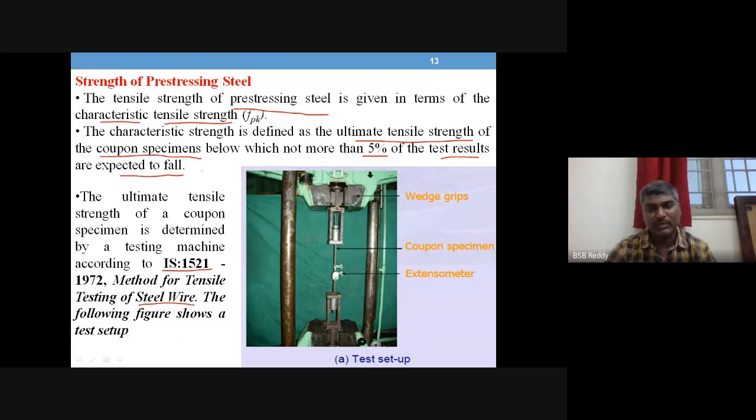The same acceptance criteria used for concrete is the same for steel also.